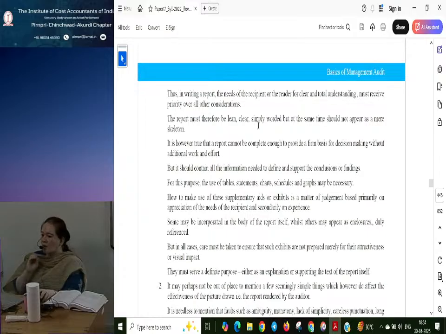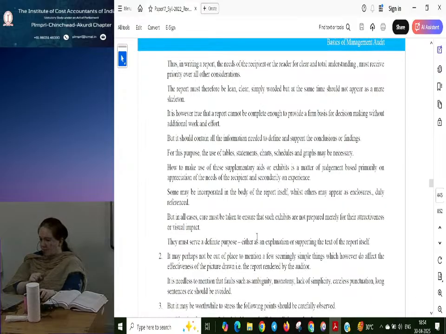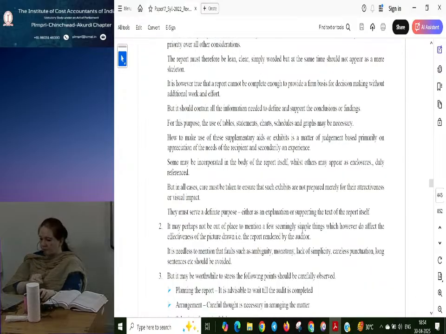In writing the report, the need of the recipient, the reader, should be clear, and total understanding should be there and must receive priority over all other considerations.